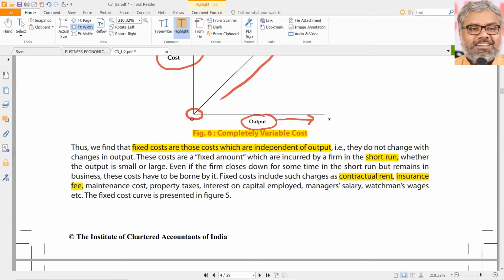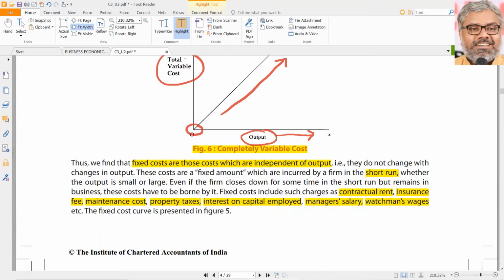Same way, maintenance costs, property taxes, interest on capital employed, or the manager's salaries, or anybody's salaries for that matter, the watchman's wages, etc. These are all examples of fixed costs, which have to be paid irrespective of whether there is production or not, because these are contractual in nature. These are committed costs and programmed fixed costs, as we discussed earlier.